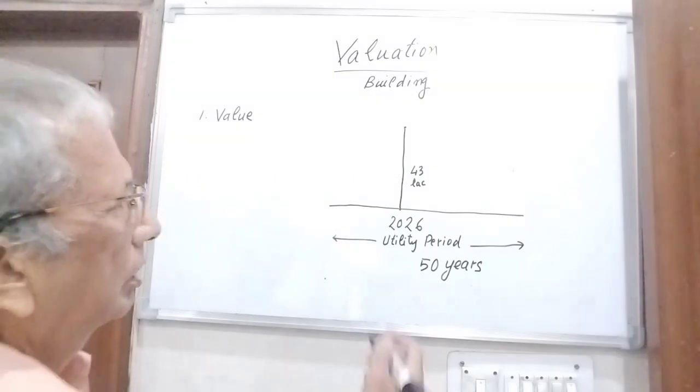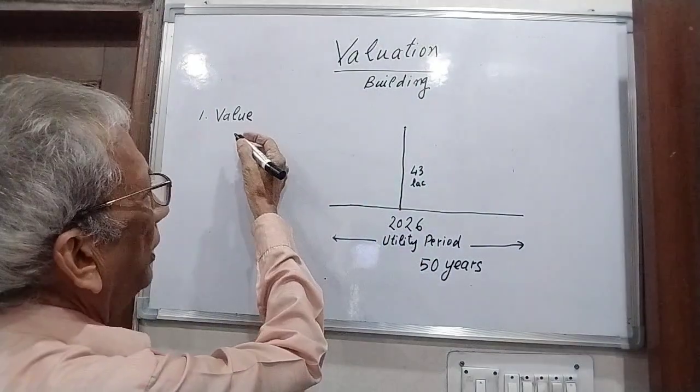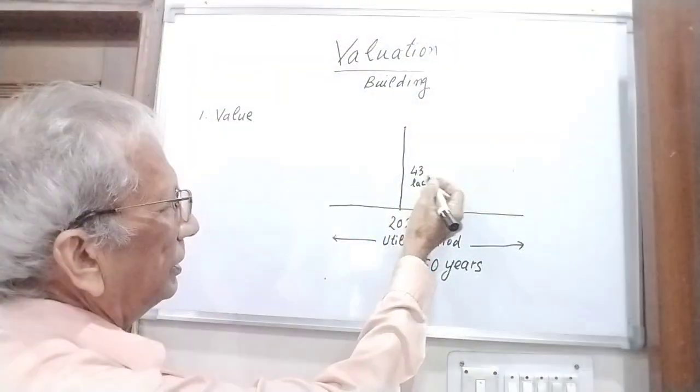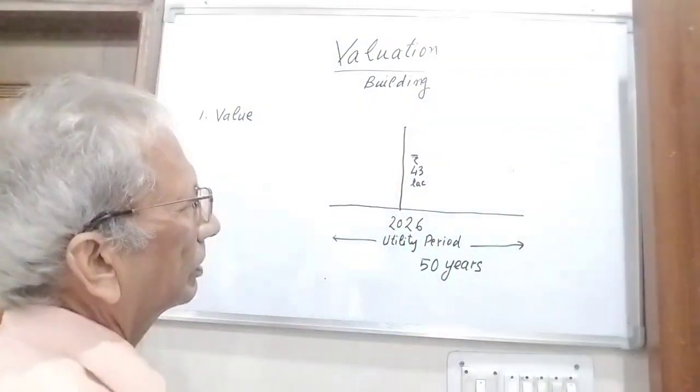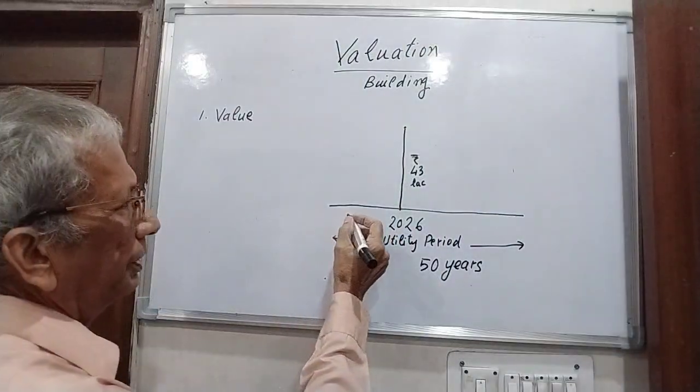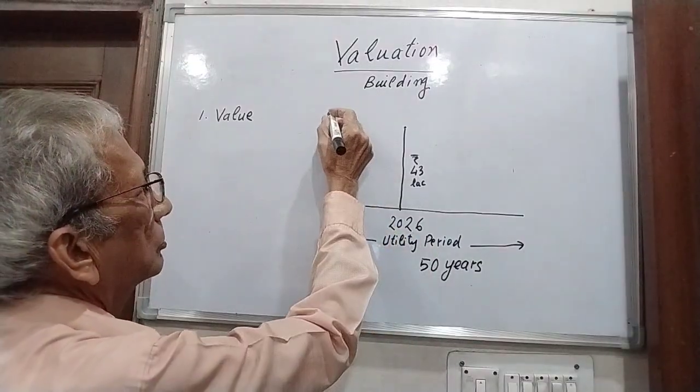Now, value of the building, say rupees 43 lakhs. Now, what is the cost of the building? Initial cost of the building.